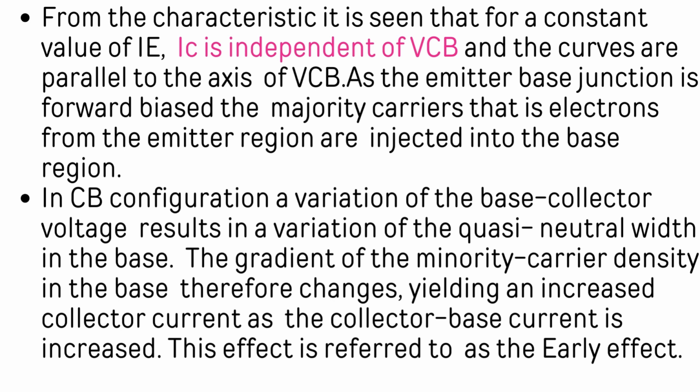In CB configuration, a variation of the base collector voltage results in a variation of the quasi-neutral width in the base. The gradient of the minority carrier density in the base therefore changes, yielding an increased collector current as the collector base voltage is increased. This effect is referred to as the early effect.